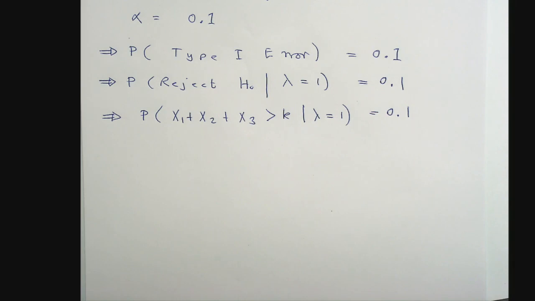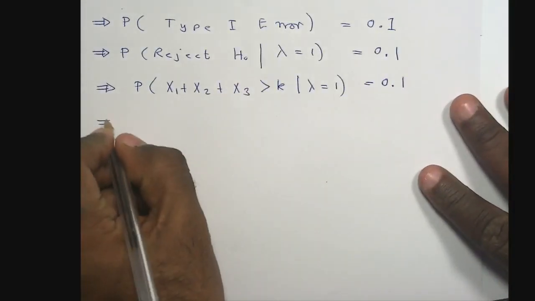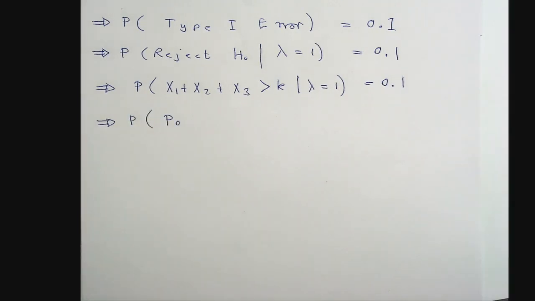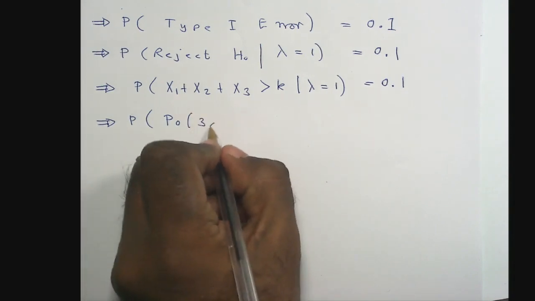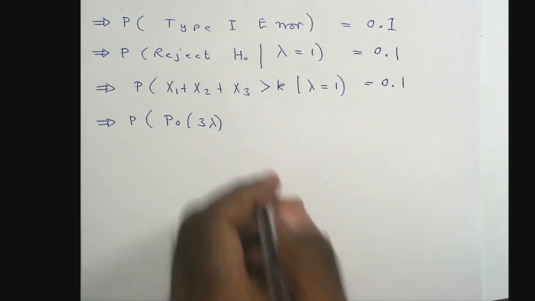So in this case, the sum x1 plus x2 plus x3 will be Poisson, with the parameter being 3 lambda, because the parameter will be the sum of the parameters for the 3 variables. So it is lambda plus lambda plus lambda, right? Okay.